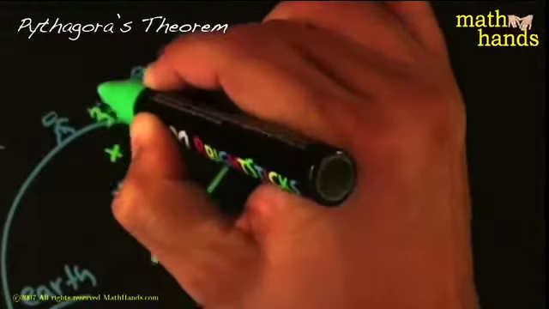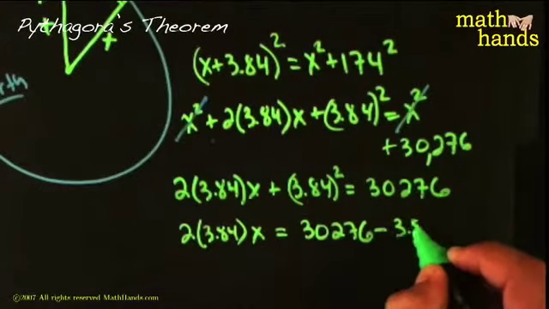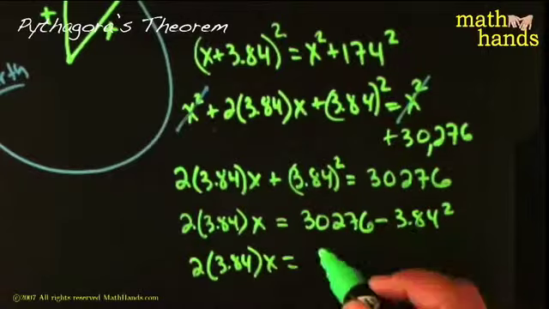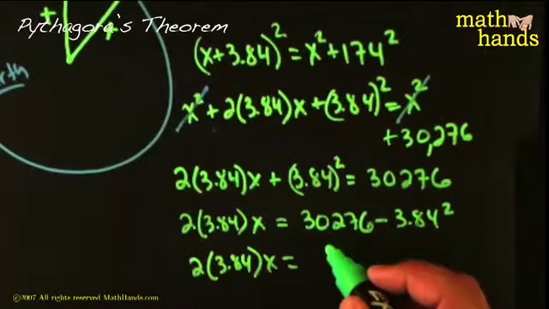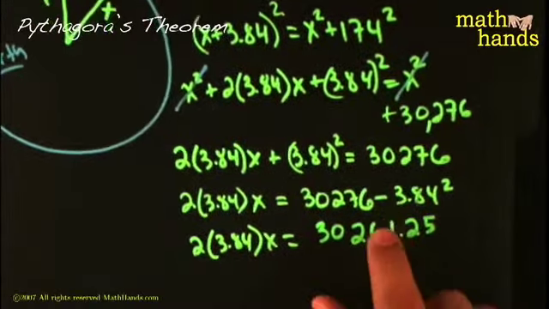That's a little better. It seems to be a linear equation, so I can move this over to the other side. That will give me 2 times 3.84 times x, and that would be equal to 30,276 minus 3.84 quantity squared. So first we subtract: 30,276 take away 3.84 squared.